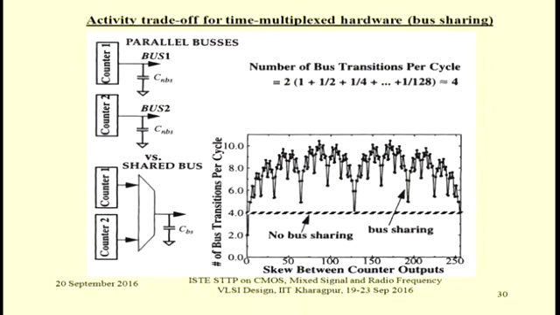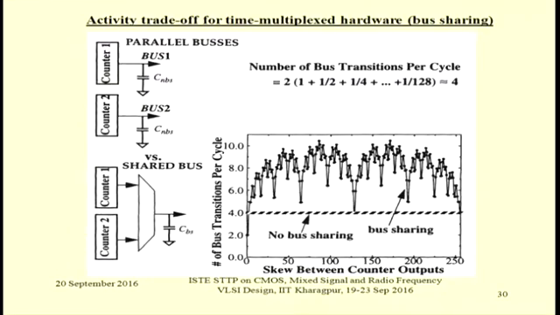The switching activity is traded off for time multiplexed hardware or bus sharing. This will involve 2 different buses. We are showing the case of 2 counters. Imagine that the least significant bit will have a transition in every clock cycle, right?